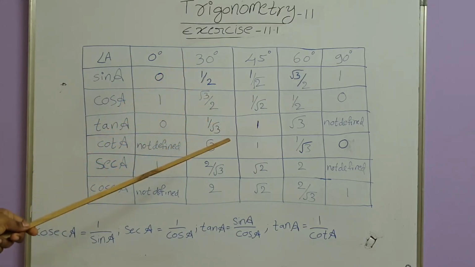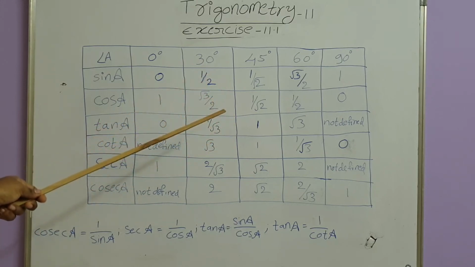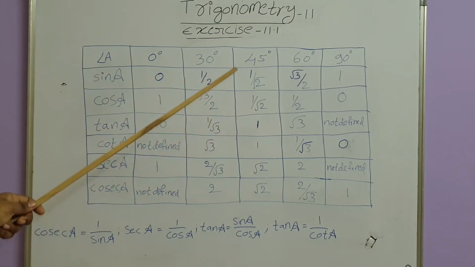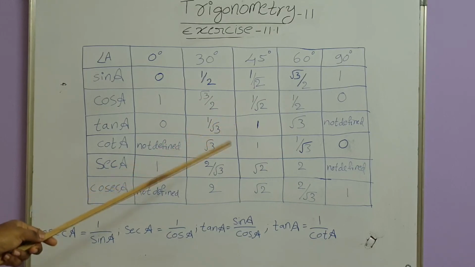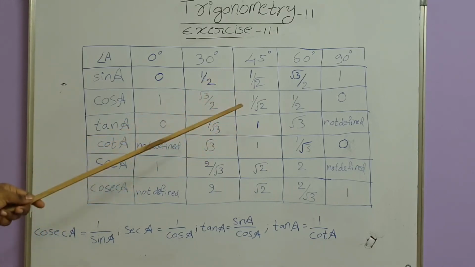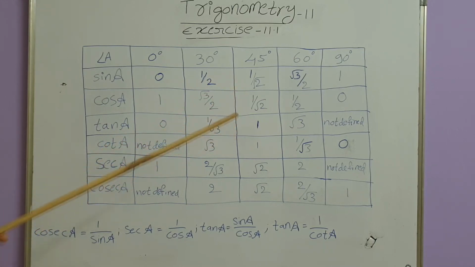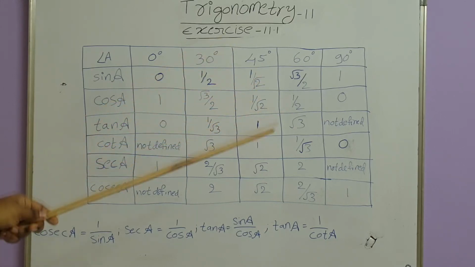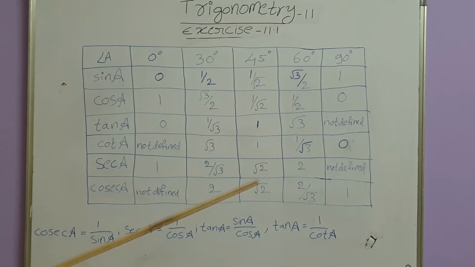And tan 45 degrees, 1 by root 2 by 1 by root 2. These two are cancelled. We get 1. Next, tan 60 degrees, root 3 by 2 by 1 by 2. Two denominators are cancelled. We get root 3. Tan 90 degrees, 1 by 0. 1 by 0 is not defined.